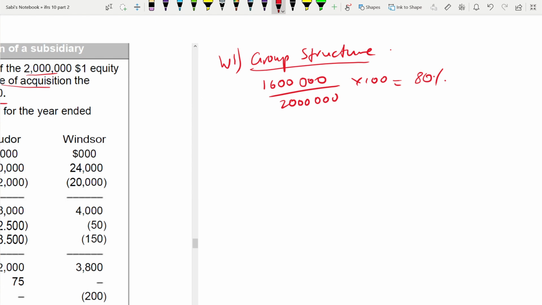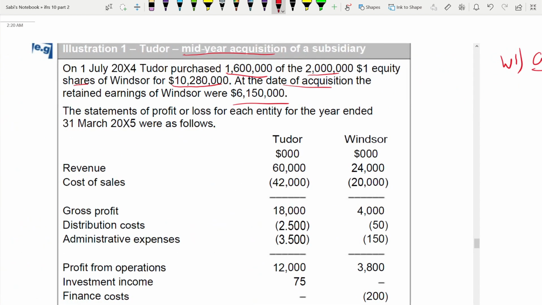Now, you need to understand which period is post acquisition, which period is not. Okay, this is on 1st of July 2004, and you have been given the statement for 31st March 2005. So the year end is 31st March.